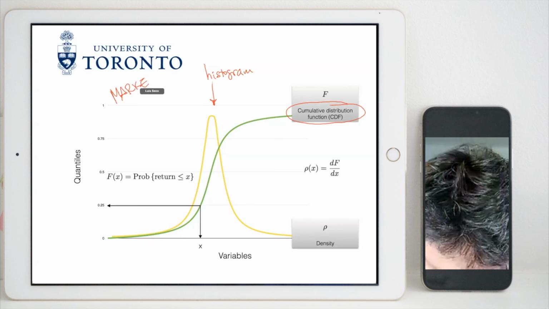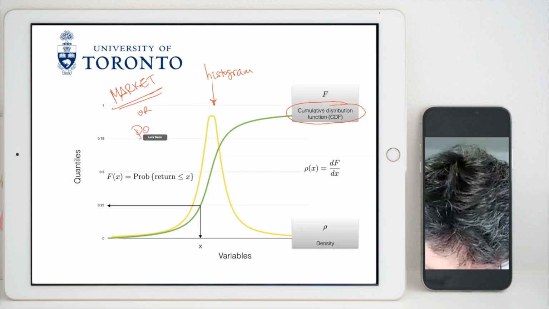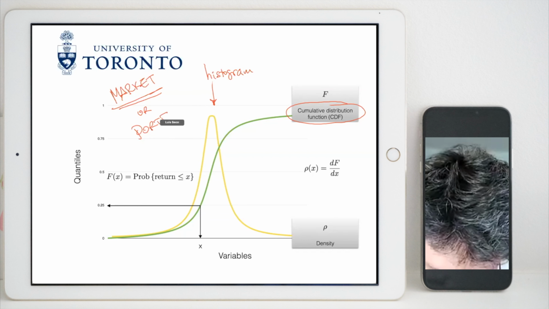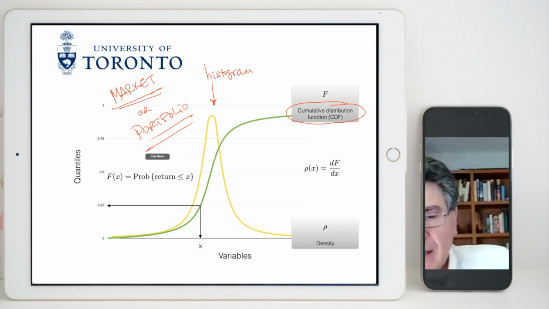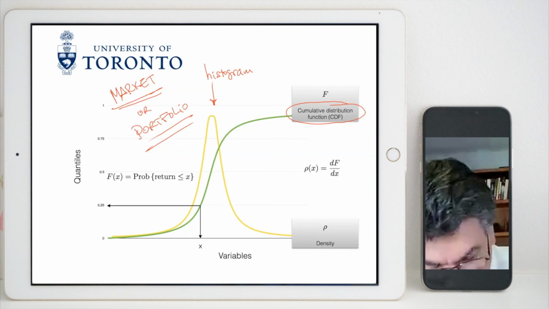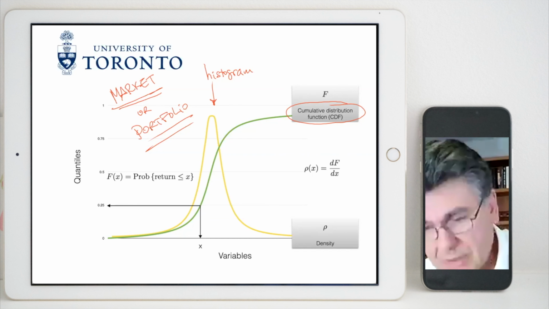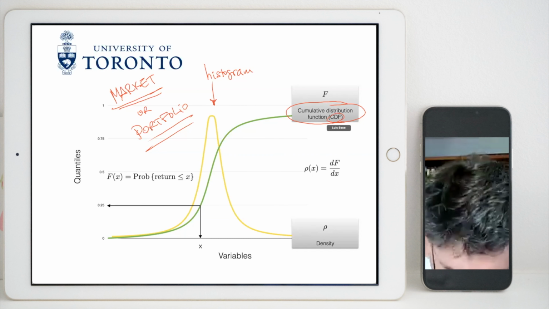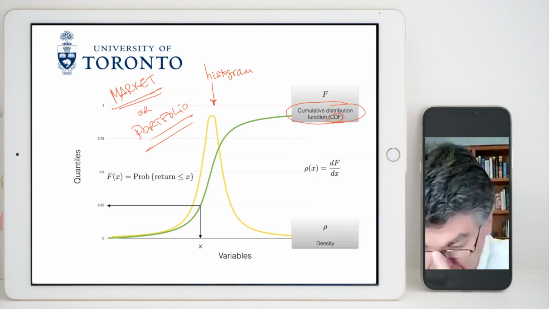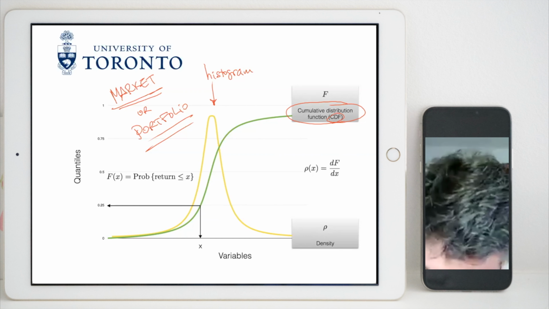Our interest is in doing this for the market, for the portfolio. Both the market and the portfolio have a statistical distribution that could be given by a histogram or by a cumulative distribution function, CDF. Okay. And this is in one dimension. So here we have one variable.